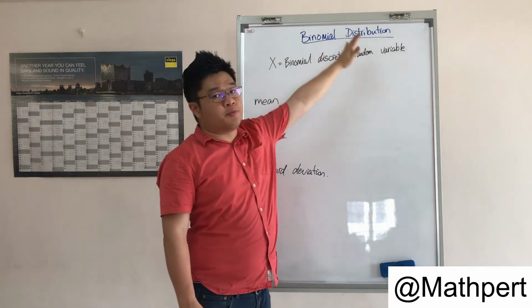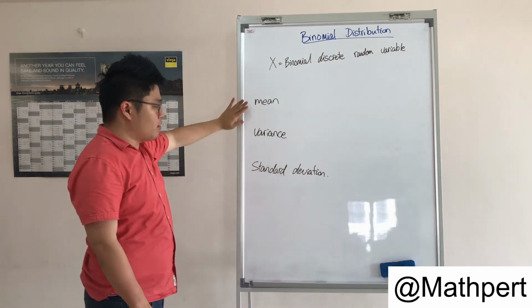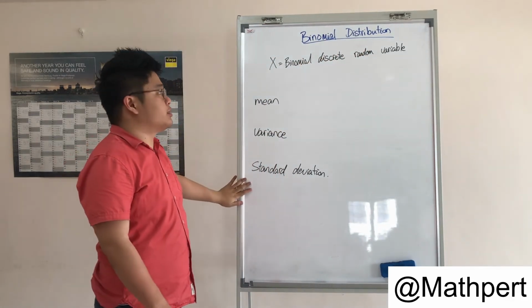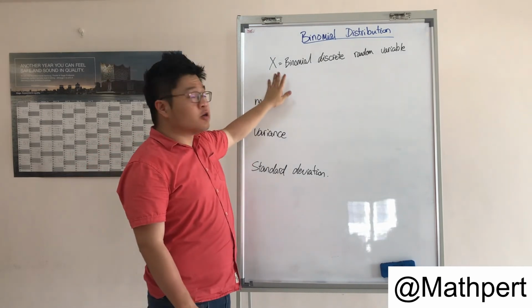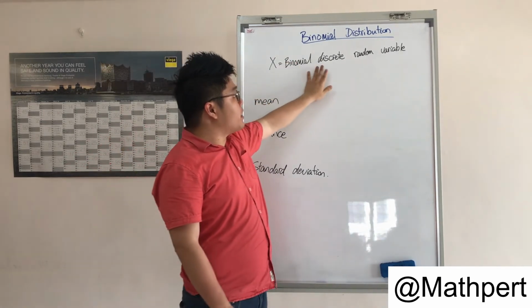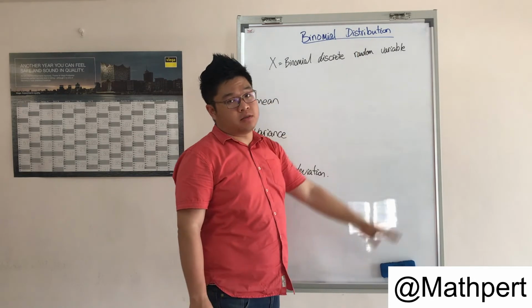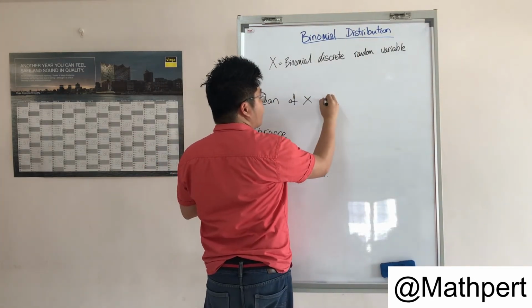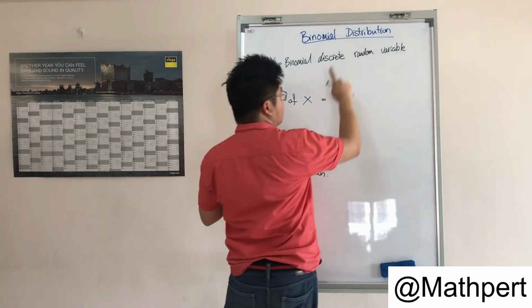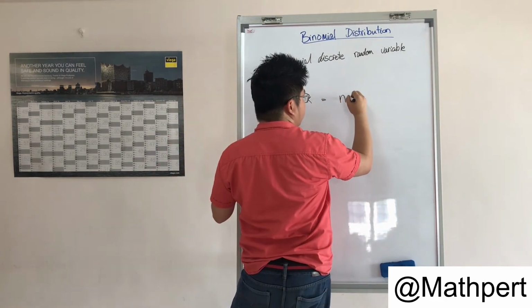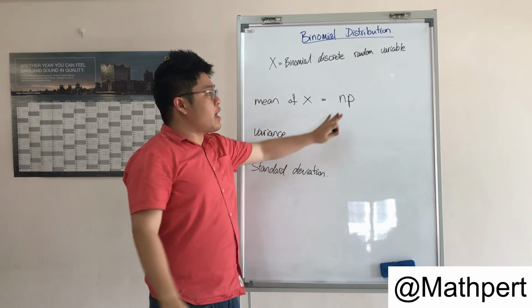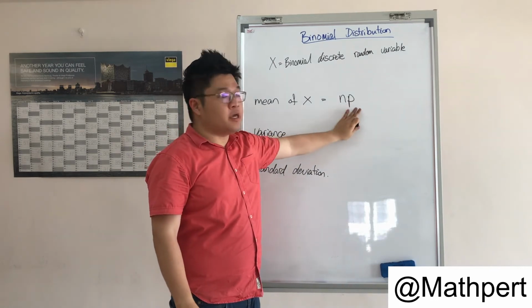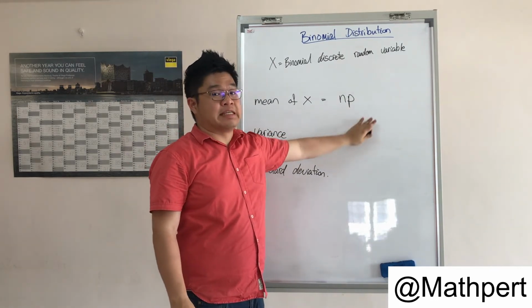In binomial distributions, there are also mean, variance, and standard deviation. X is also the binomial discrete random variable. So the mean of X, there's one formula for mean in binomial distributions, which is np. n is the number of trials, p is the probability of success.